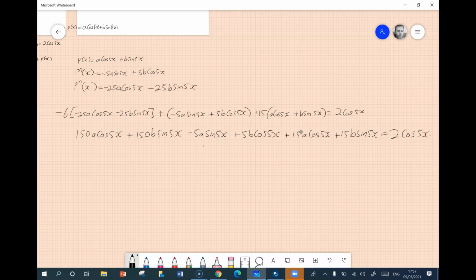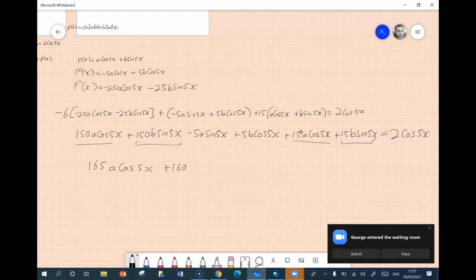Okay, tidying up my left hand side, I've got 150a cos 5x and 15a cos 5x is 165a cos 5x. I've got my 150b sine 5x and 15b sine 5x, also giving me 165b sine 5x.